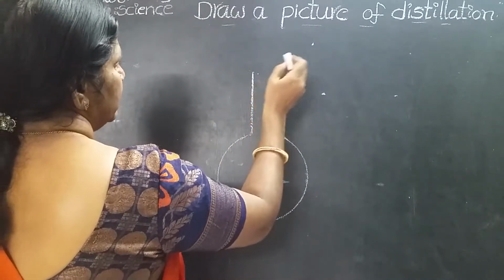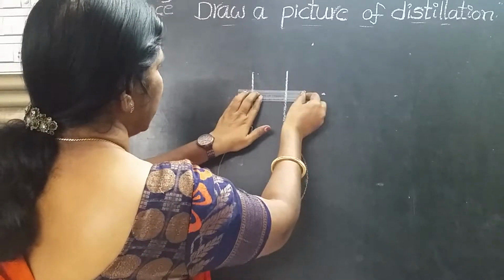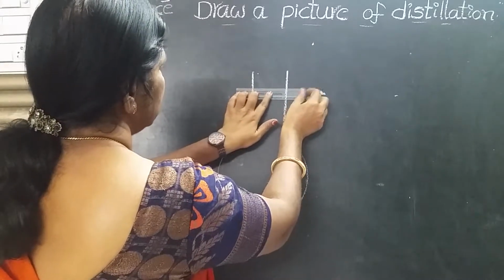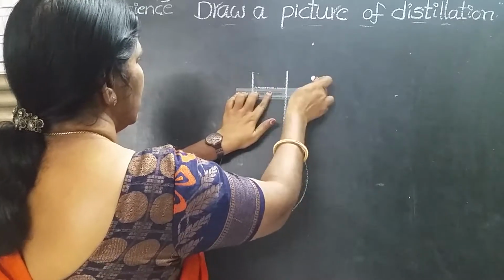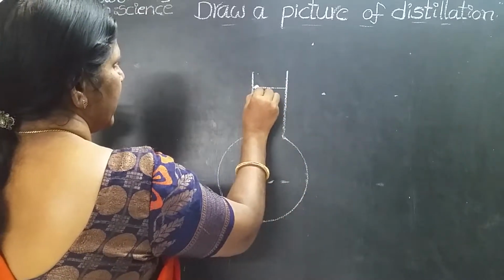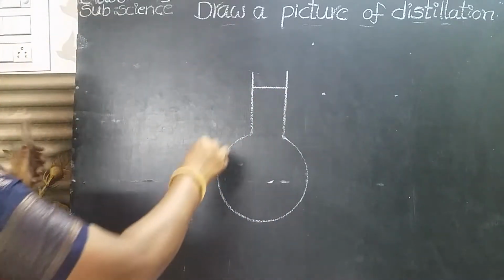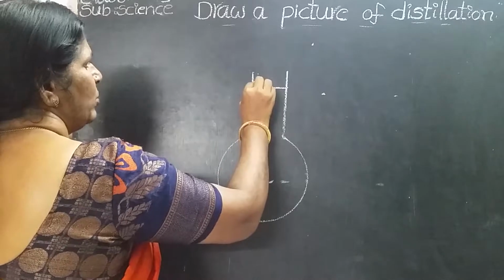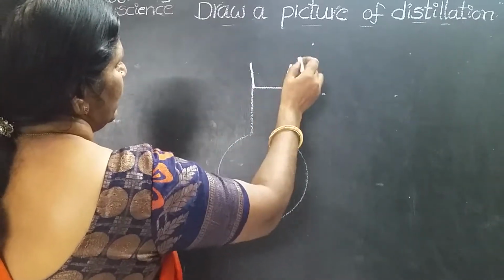Okay. Here we have to draw one rubber cork. Draw one horizontal line like this. Okay. Draw one more line like this. Okay.